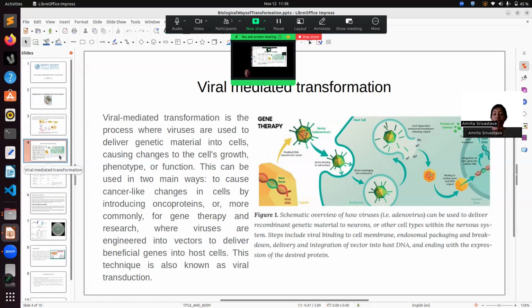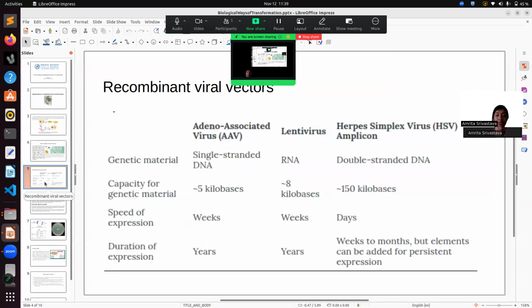And then once we have that idea, we can use it to test our drugs, and we can also use it for gene therapy and research. And viruses are also being engineered into vectors to deliver beneficial genes into the host cells. So this entire process is called viral transduction.